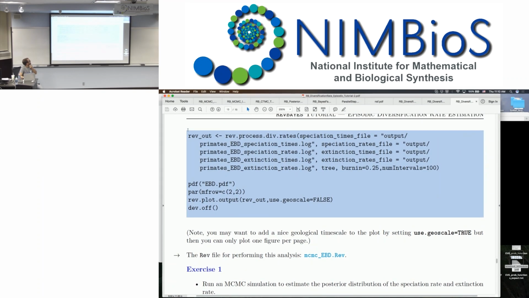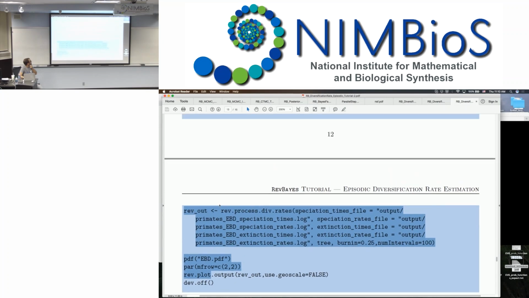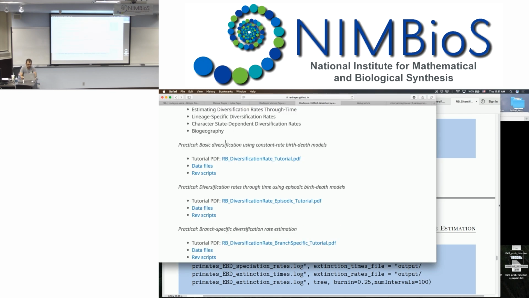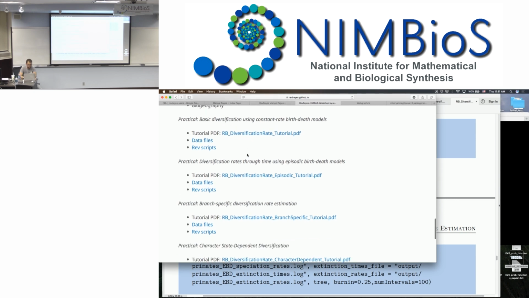Then we have a little R script. If you just run these parts in our R package, the RevGadgets package, there's a link on the RevBayes workshop website. I think it's below the character dependent diversification rate tutorial, for how to install the RevGadgets R package.